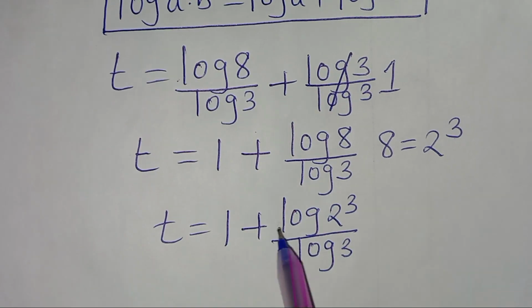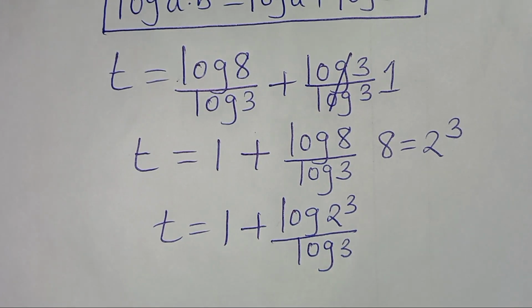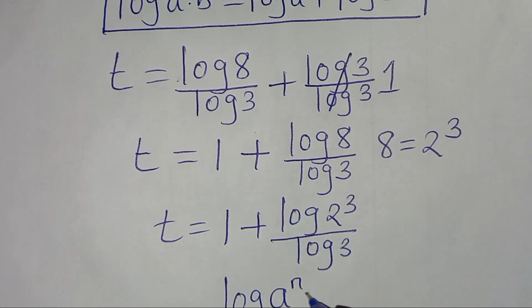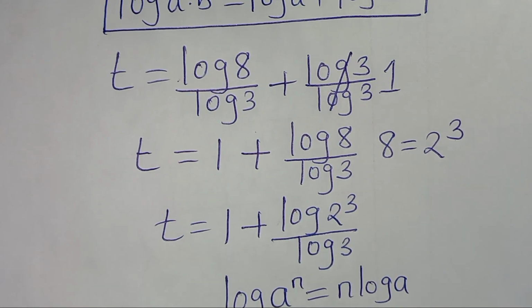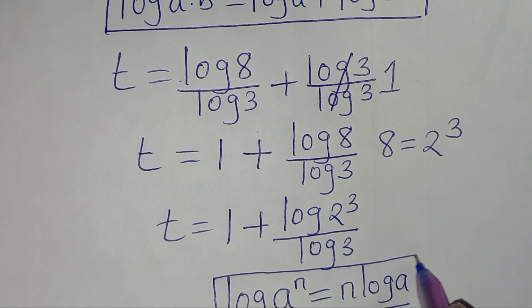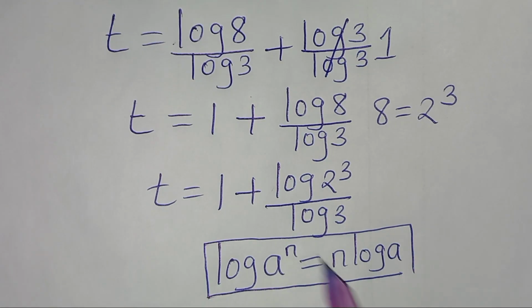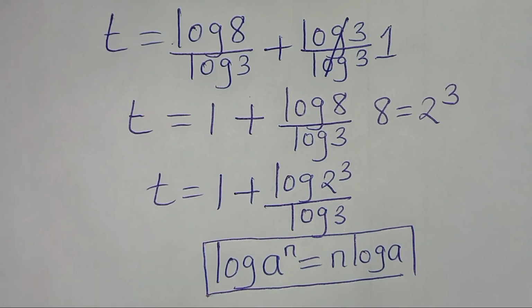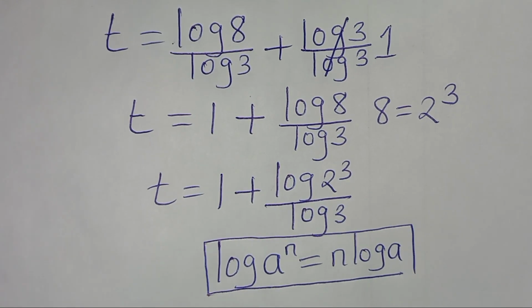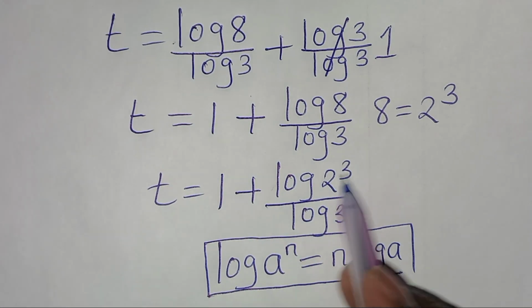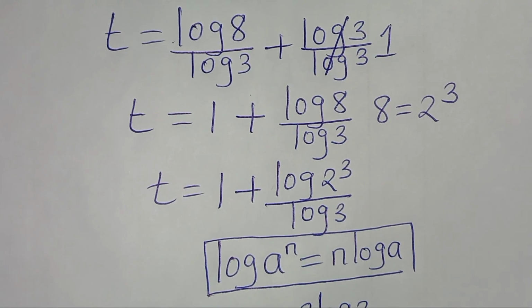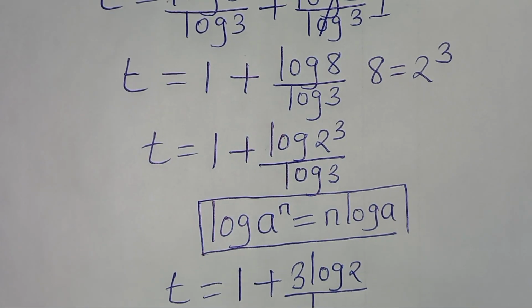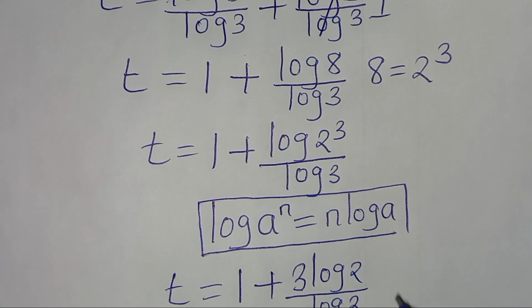Now by applying the power rule property, log a^n, which we can express as n log a, we'll have t equal to 1 plus 3 log 2 divided by log 3.